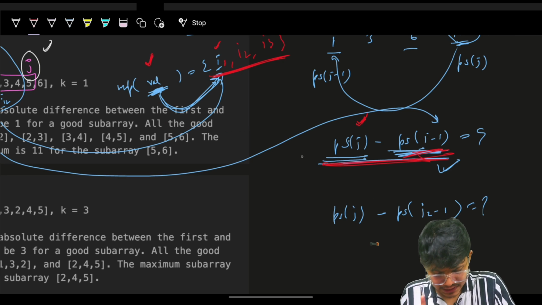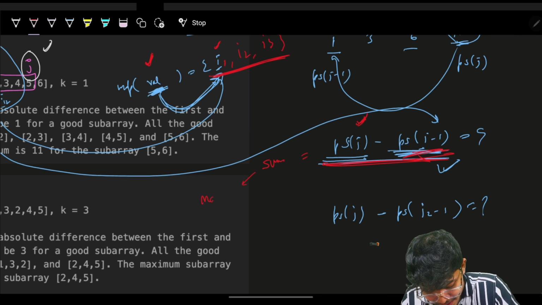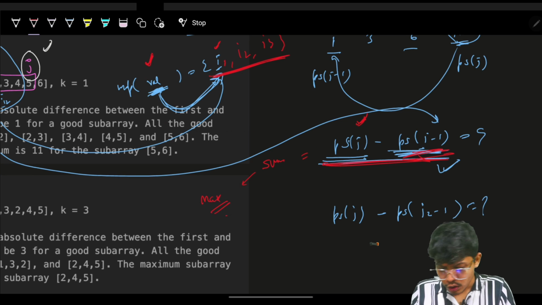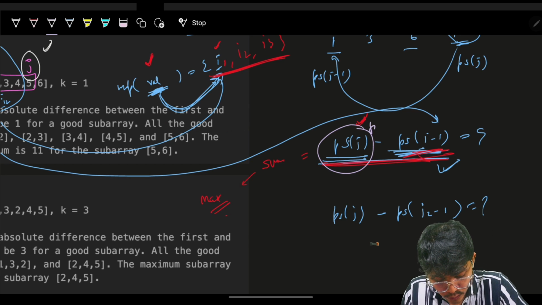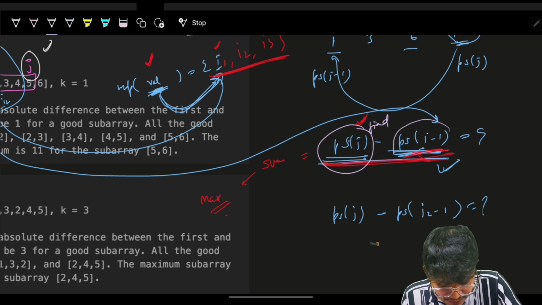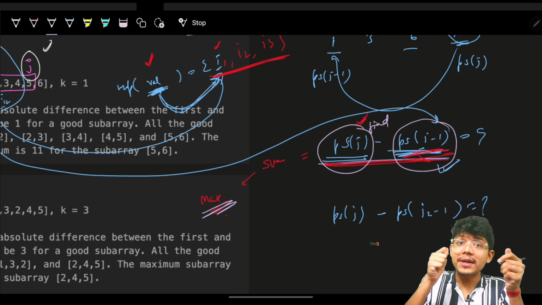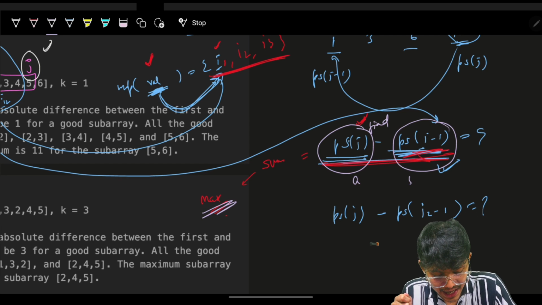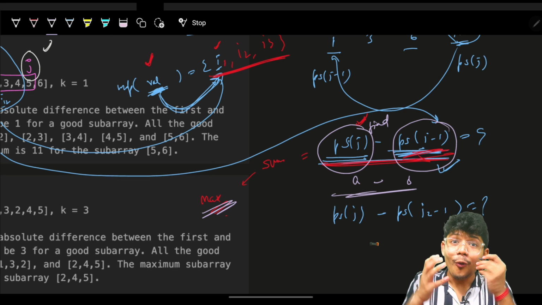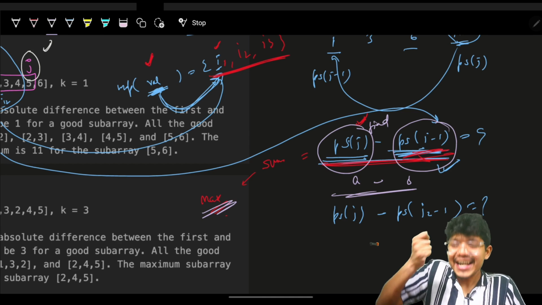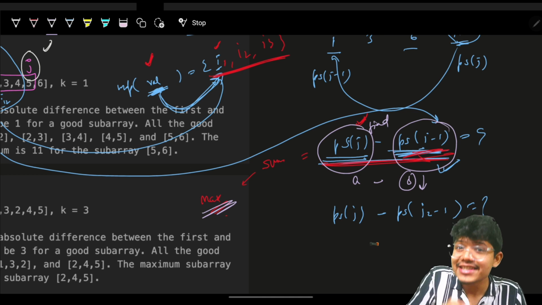If you remember, this gives you your sum and you have to maximize your sum. Now you are right now at the jth index, so this value is fixed, this value is variable. To maximize the difference between two values a and b, where a is fixed, you will try to minimize your b.